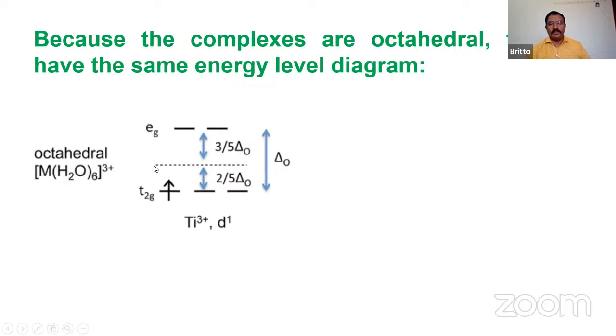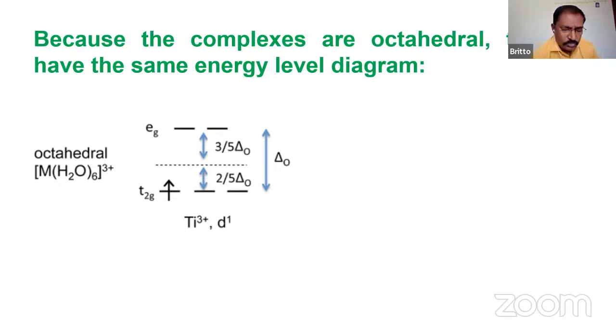The middle dotted line is the barycenter, which represents the energy level before splitting. Under the influence of the ligands, the energy level of the d orbitals is raised to the barycenter, and from there it splits into a lower level and a higher level.